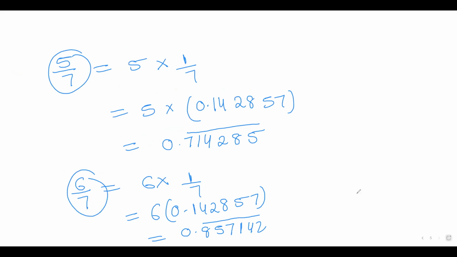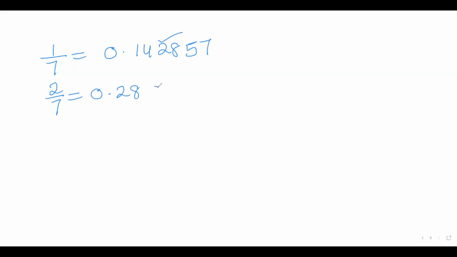See, I will tell you the logic here. This value is given as 0.142857. Now 2 by 7 starts with 2. You will get 0.285714.